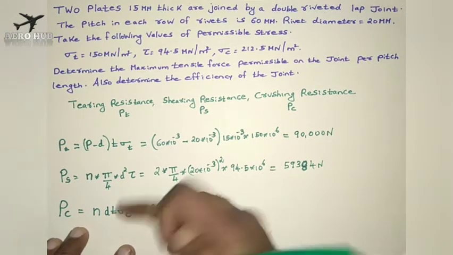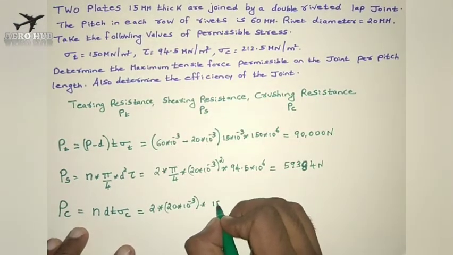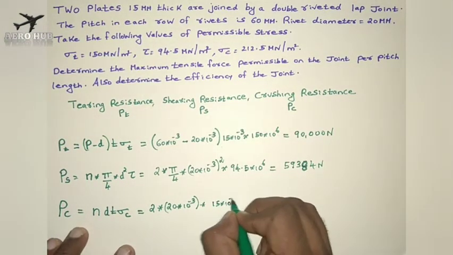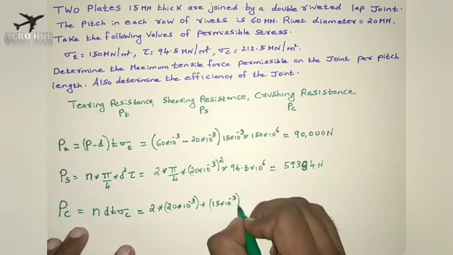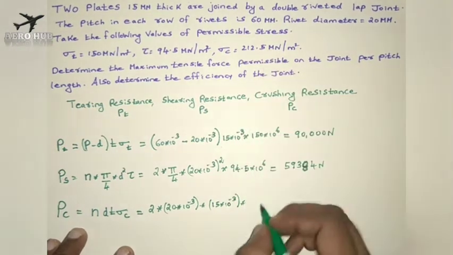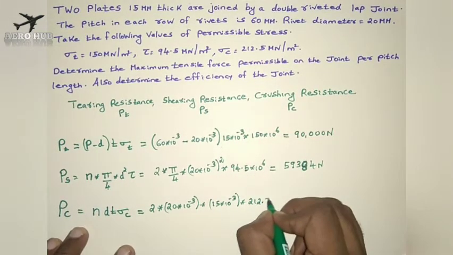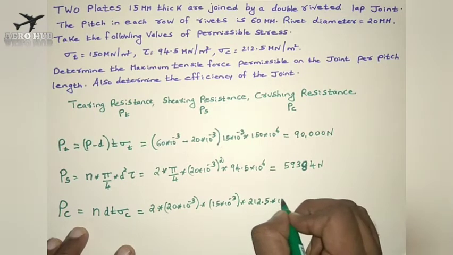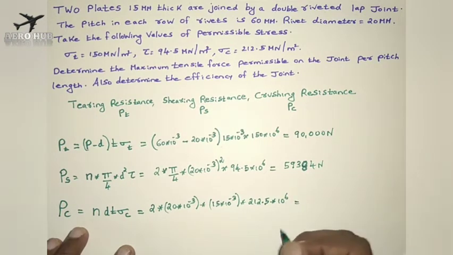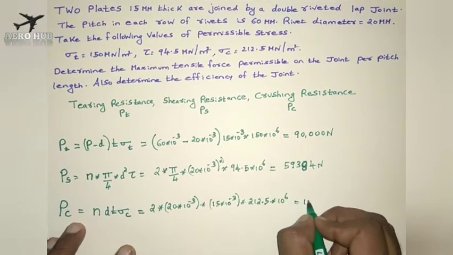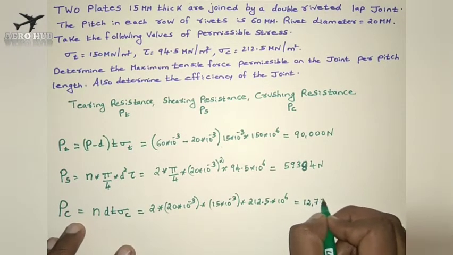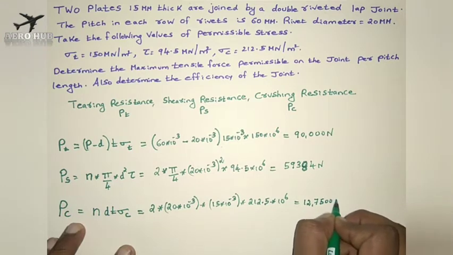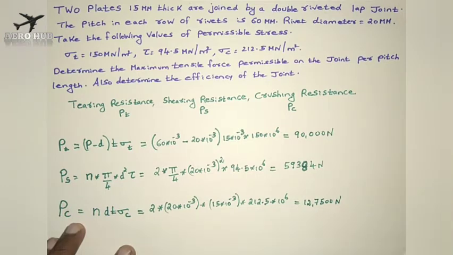Then the thickness is 15 millimeter, that will be 15 into 10 power minus 3 meter, and the value of crushing stress is 2.5 into 10 power 6. This is the value of crushing resistance. So I will be getting a value of 127,500 Newton.